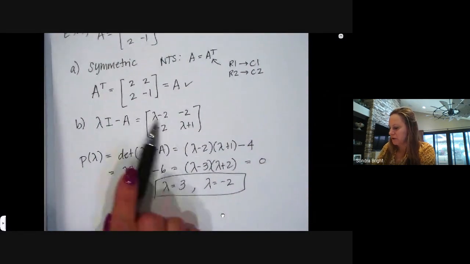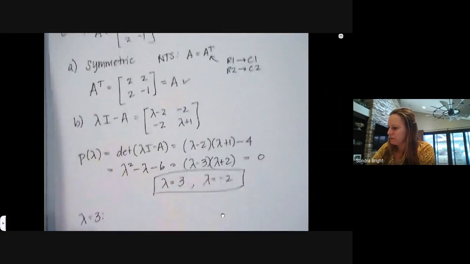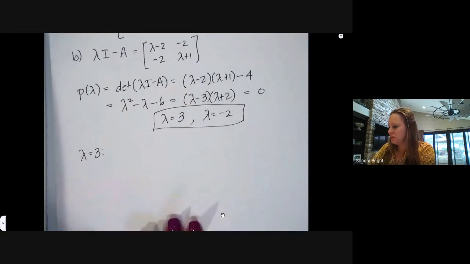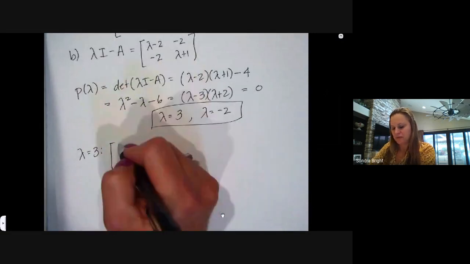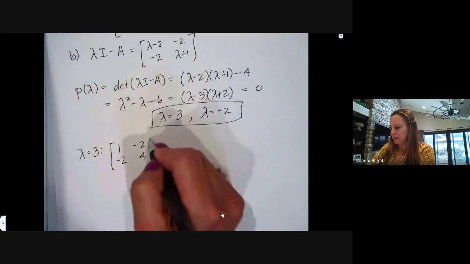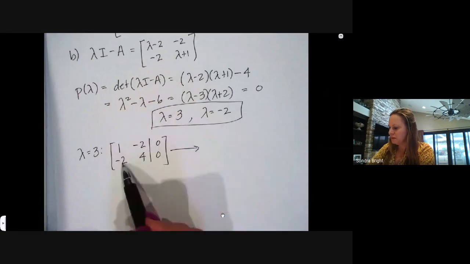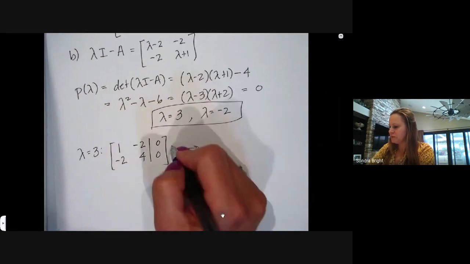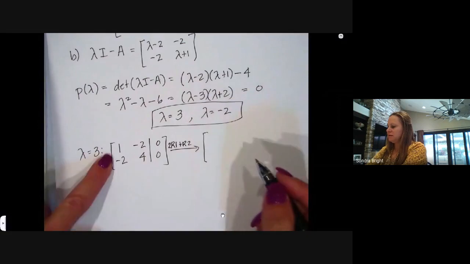So for when your eigenvalue is 3, your matrix would be 3 minus 2, which will give you 1, and then a negative 2, a negative 2, and then 3 plus 1 will give you 4. We're solving for when those are 0. I want to zero this out, so I would do 2 times row 1 plus row 2. That gives you 2 plus negative 2, negative 4 plus 4, and then 0 plus 0.